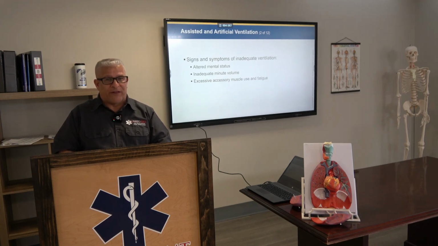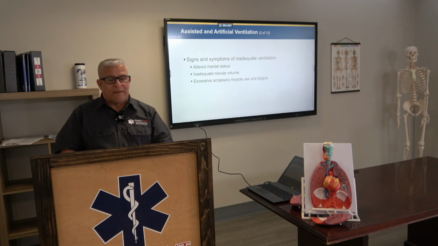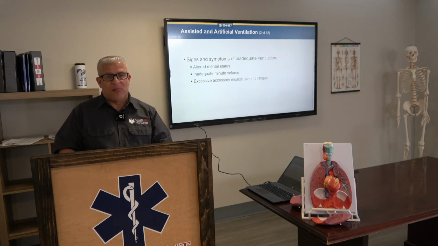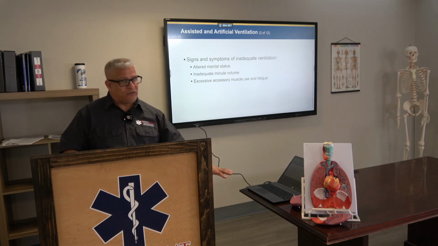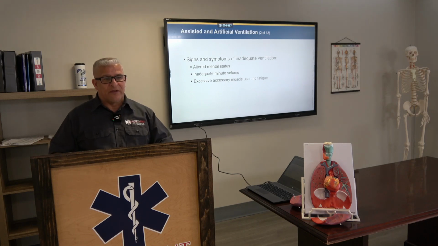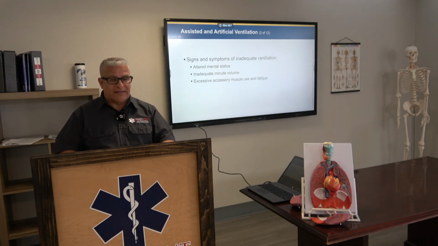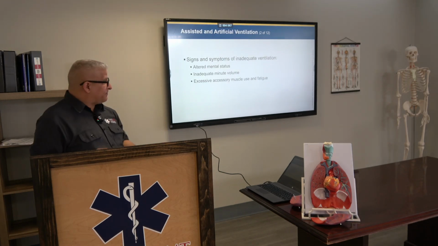Do I have a nice regular rhythm? If all that is good, then I know my minute volume is going to be good. But if I have a problem with the rate, if they're breathing way too slow or way too fast, then I know my tidal volume and my minute volume are not going to be where they should be. That's how we can determine tidal and minute volume.